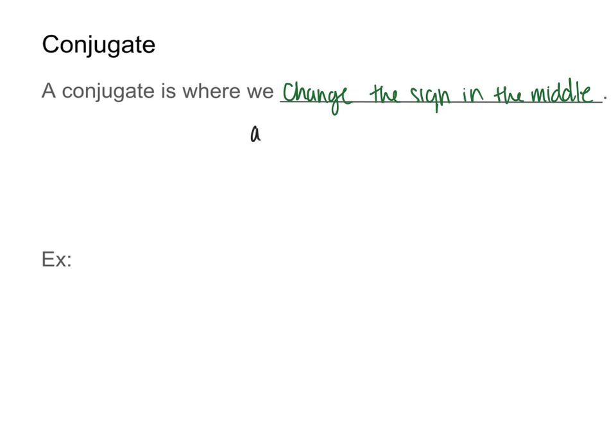Let's say we have a real number a, added with b times i, an imaginary number. Well, the conjugate of a plus bi would just be the same factor. So it'd still be a, b, i, but it'd be a minus sign between them. And you can even say that a minus bi is the conjugate of the other, right?